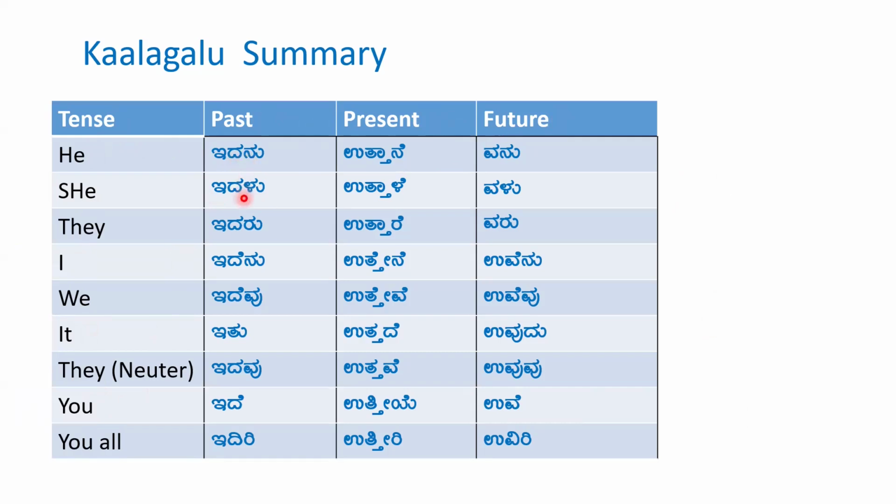Past tense: idanu, idalu, idaru, idenu, idevu, itu, idavu, ide, idiri. Present tense: uttane, uttale, uttare, uttene, utteve, uttade, uttave, uttiye, uttiri. Future tense: vanu, valu, varu, uvenu, uvevu, uvudu, uvu, uve, uviri.